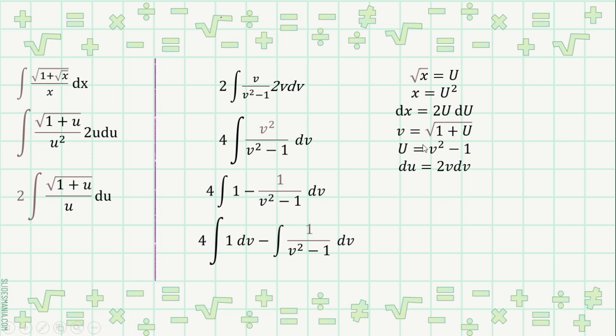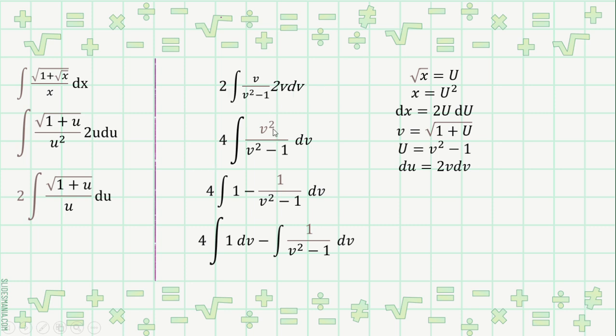It's the same as with u and x: du is 2v dv, and the derivative of minus 1 will be gone. It will be 0.